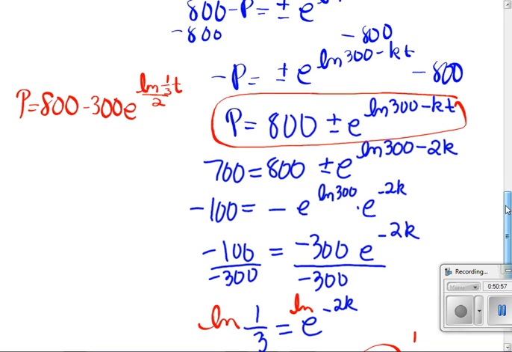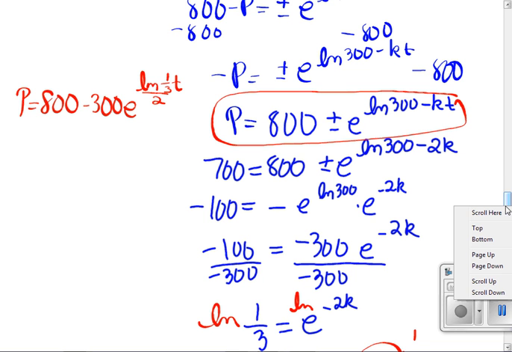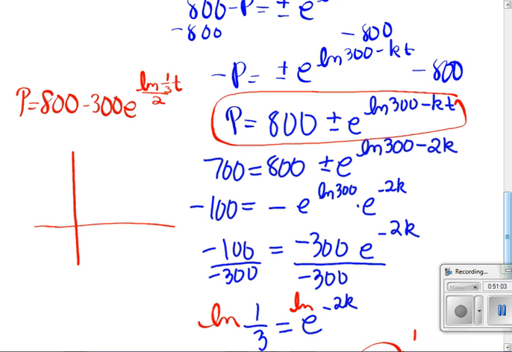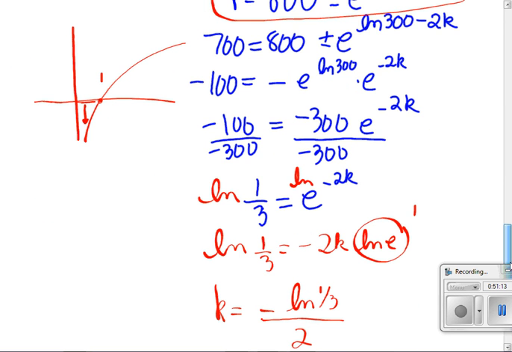Now, log of 1/3 is a negative number. You guys realize that, don't you? Yes, because the logs look like this. This is 1. And so all of these fractions before 1 are going to be negatives. In fact, the log of 1/3 is really this, because I think this is cool. It's the log of 1 minus the log of 3.